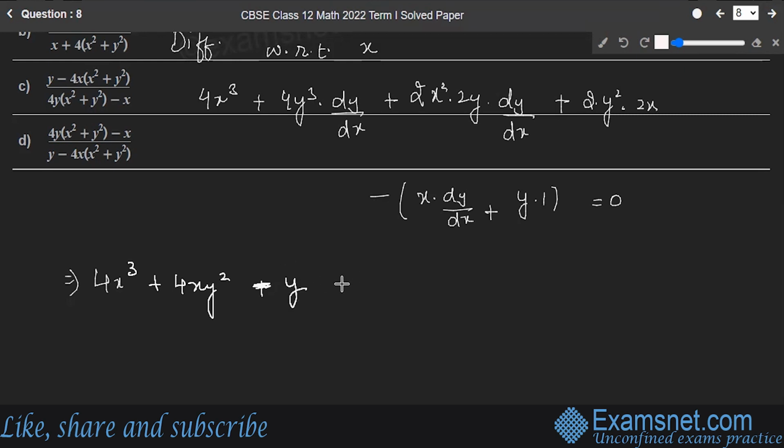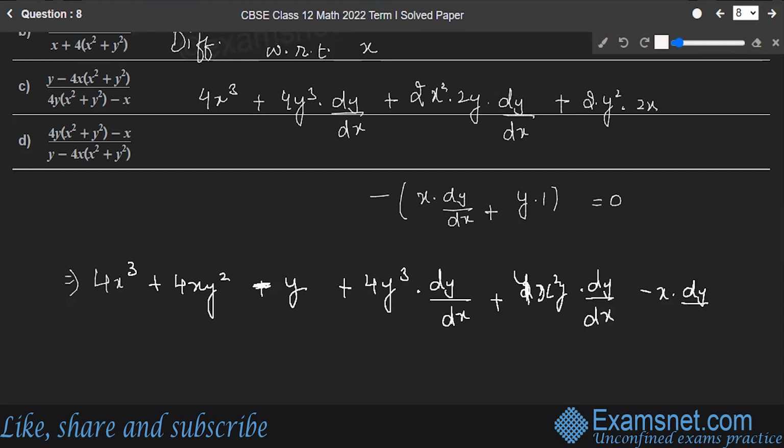Minus y, then you have 4y cube into dy by dx plus 2 not 4x square y into dy by dx minus x into dy by dx is equal to 0. All right. So let's make it.